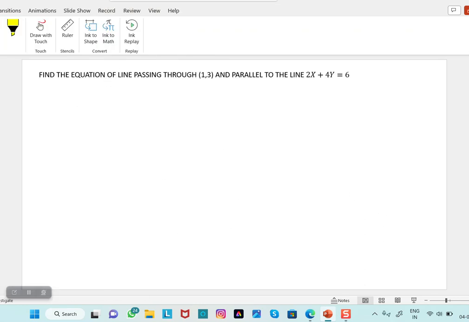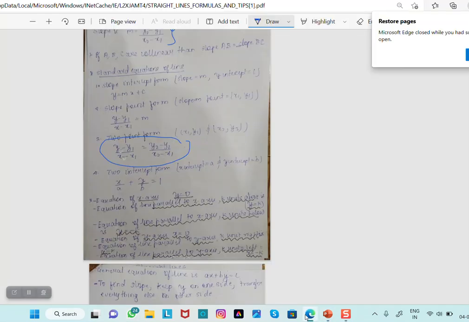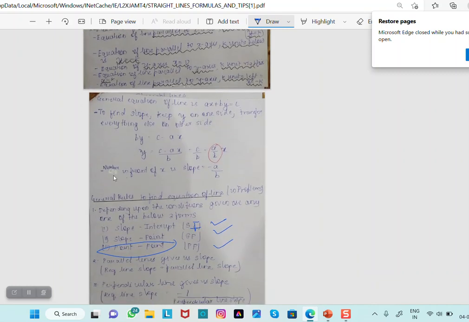We now move to the next problem. The next problem is: find the equation of a line passing through the point and parallel to the line. The first thing is we have to identify which form we have to use, whether the slope intercept form, the slope point form, or the 2-point form.